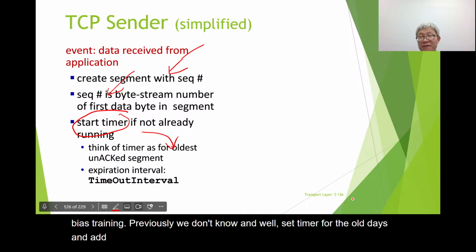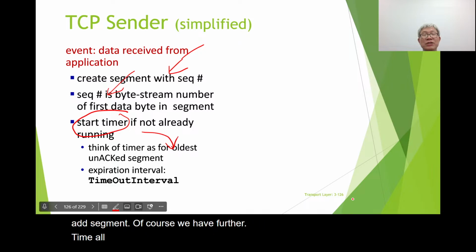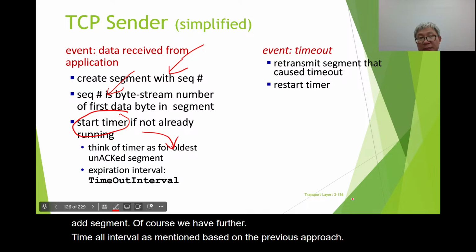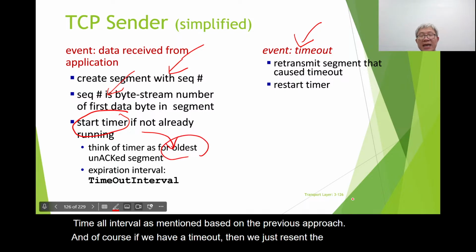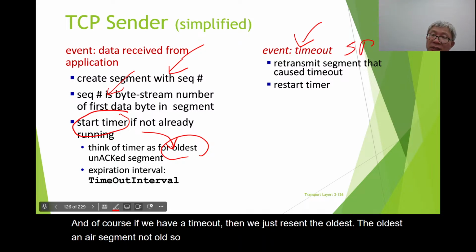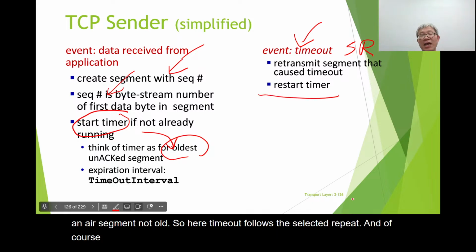Of course, we have the timeout interval estimation based on the previous approach. And if we have a timeout, then we just resend the oldest unacked segment, not all. So here, timeout follows the selective repeat. And after retransmission of the oldest segment, we need to restart the timer.